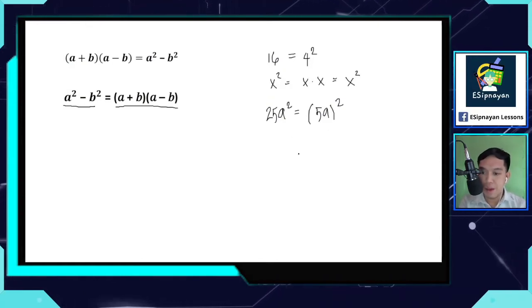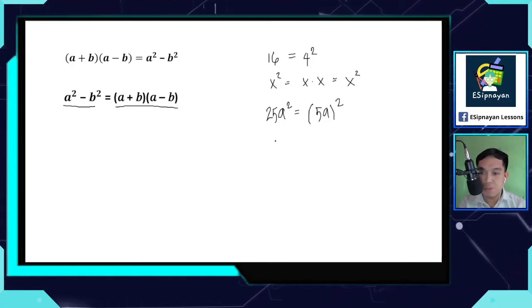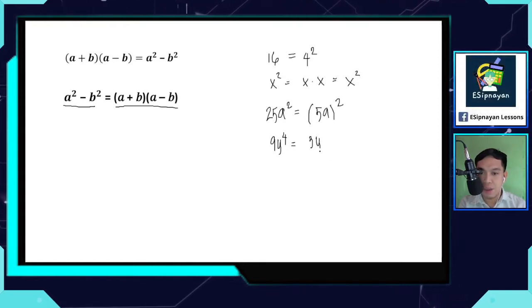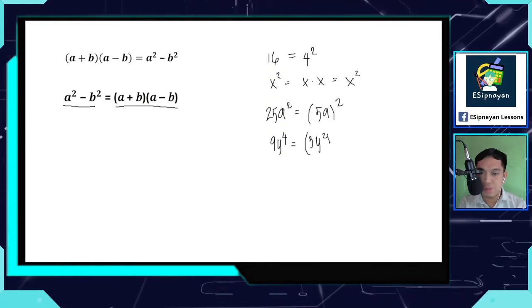Then, what about yung 9y raised to 4? That is equal to 3y squared raised to 2.